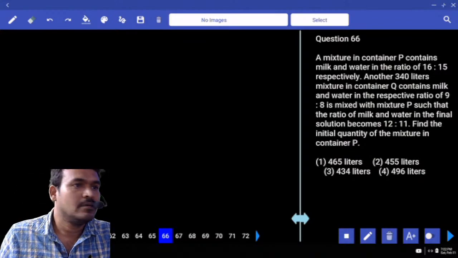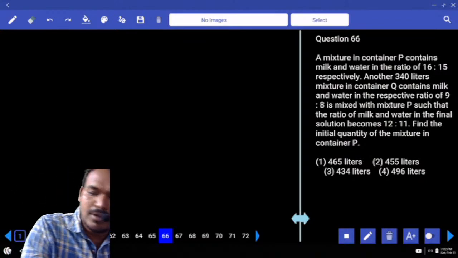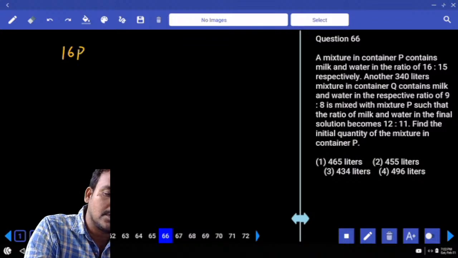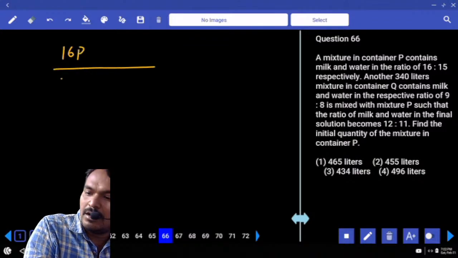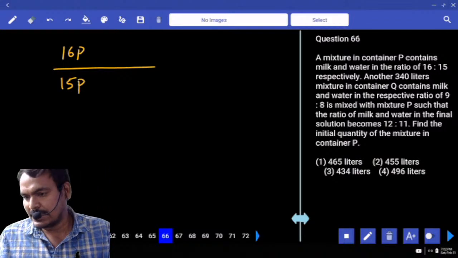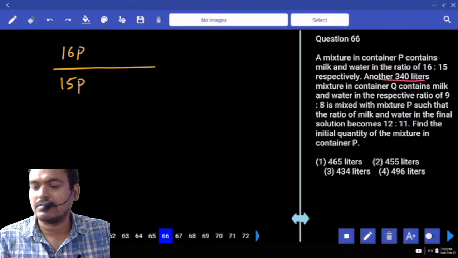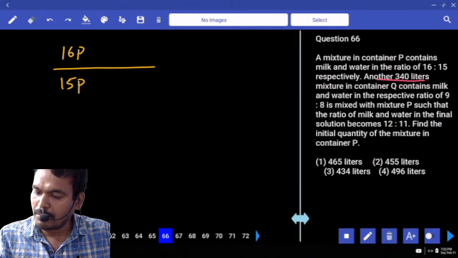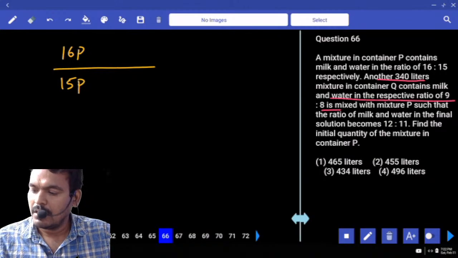Normal method. Milk is how many parts in the first one? 16 parts. Water in the first one? 15 parts. Second container total how many liters? 340. In that, milk and water are in which ratio? 9:8.